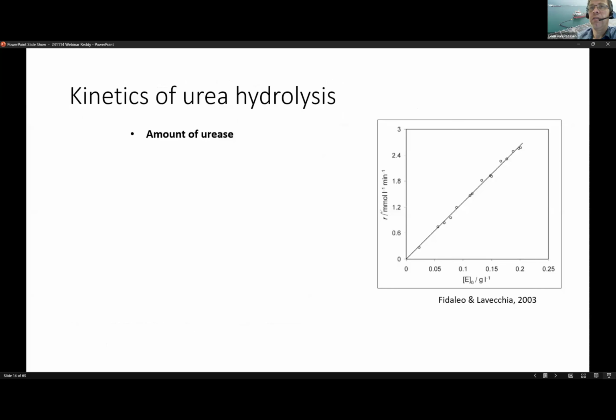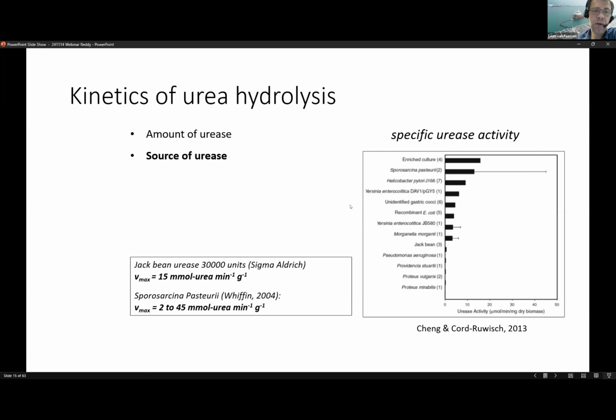So that's the type of reactions you take into account, and then you have to look into how fast the reaction goes. So what components affect this reaction rate? It's the amount of urease. The more urease you add, the higher the reaction rate. It's the type of urease. Many people doing research in this field have been using Sporosarcina pasteurii, and they found it is one of the species of bacteria which has a very high urease activity.